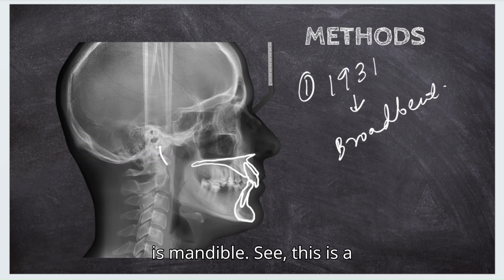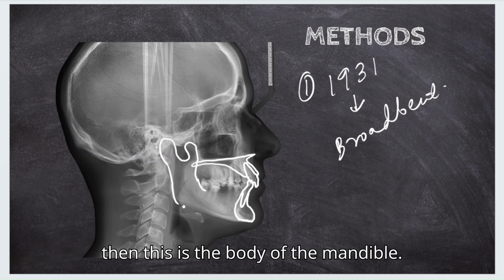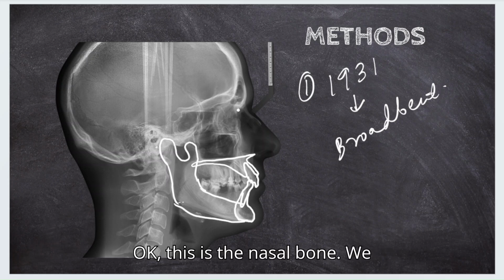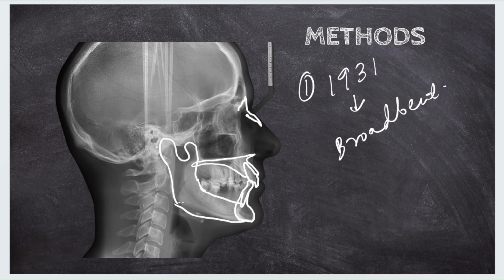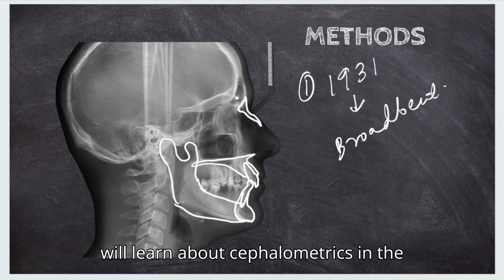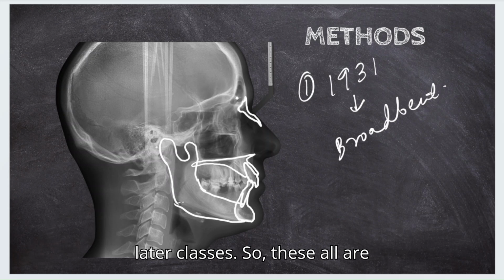See, this is a condyle, the coronoid process, the ramus, and then this is the body of the mandible. Okay, this is the nasal bone. We'll learn about cephalometrics in the later classes. So these all are helpful in learning the growth.